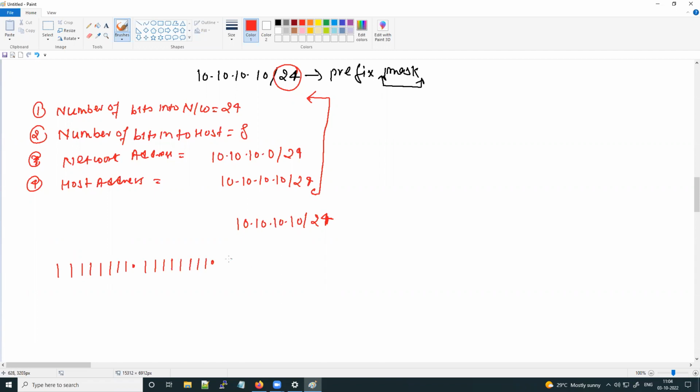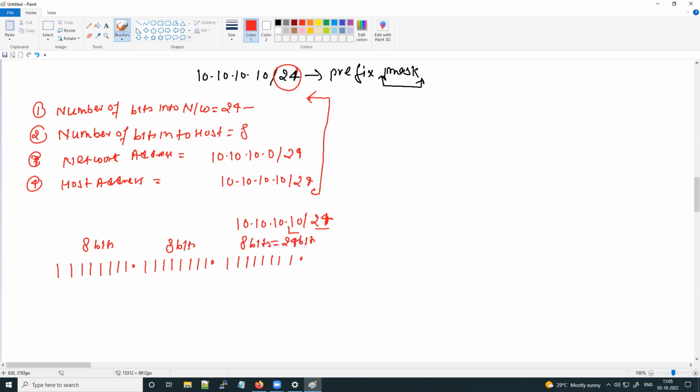Then make all the host bits 0. How many bits do we have on the network side? 24. So 8 bits, 8 bits, 8 bits, total 24 bits.